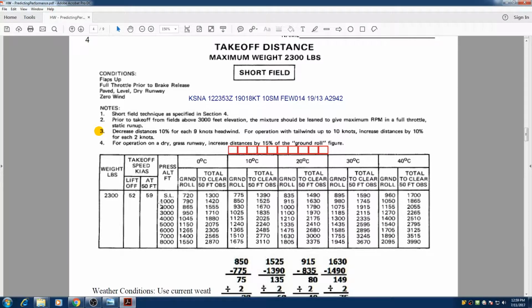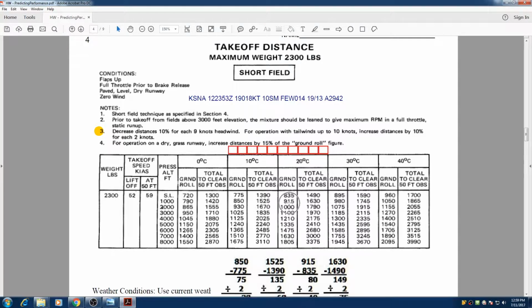In real life, we're going to calculate the maximum or the worst case scenario for our temperature. If today is 25 degrees, and I'm taking off from John Wayne and our pressure altitude is 500, I'm going to look right here at 1,000 because it's the worst case scenario. I'm going to go over here.